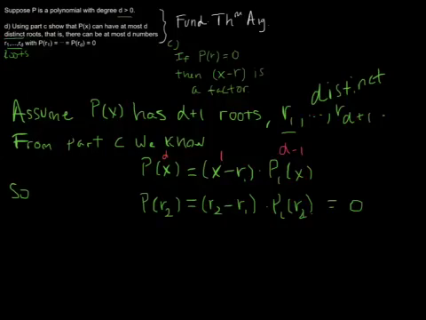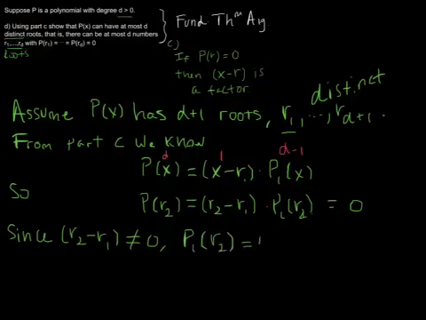So, since r2 minus r1 is not equal to 0, p1 of r2 must be equal to 0. What does that mean? Stop for a second and look at this.